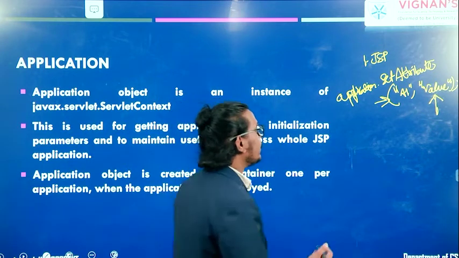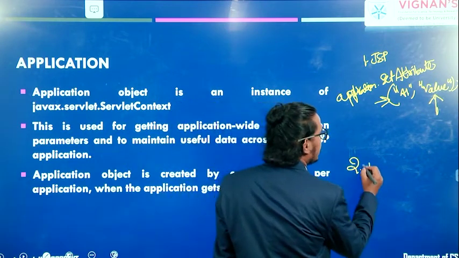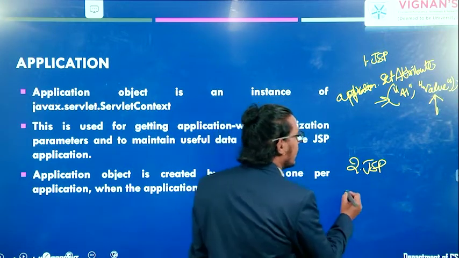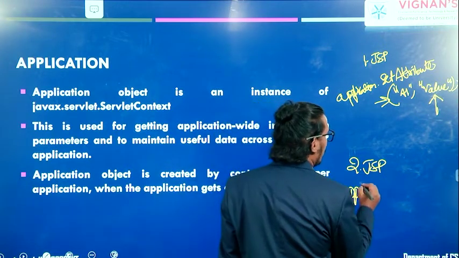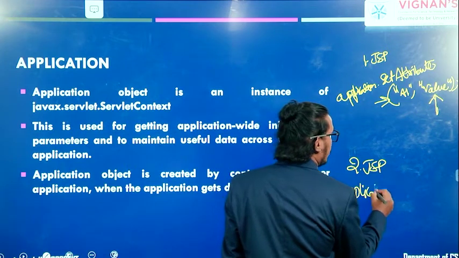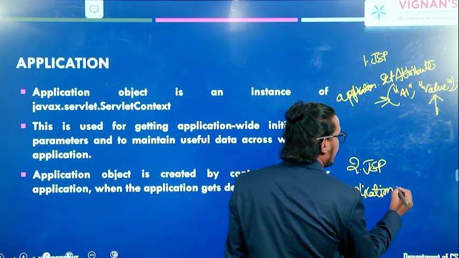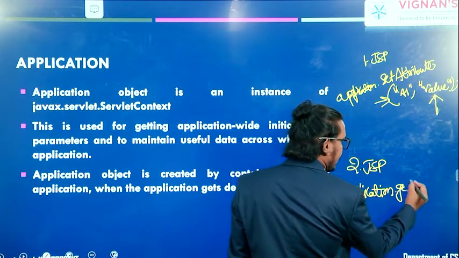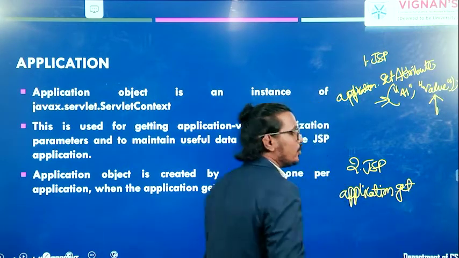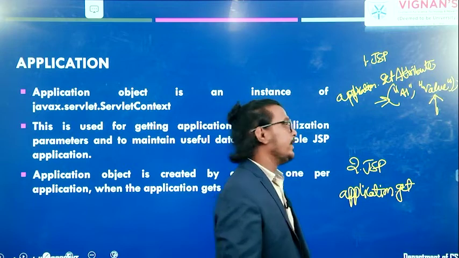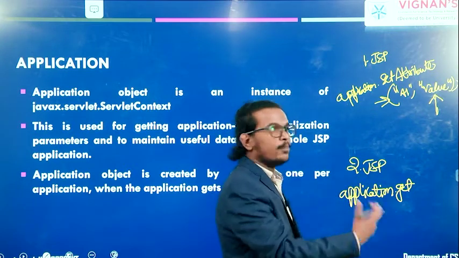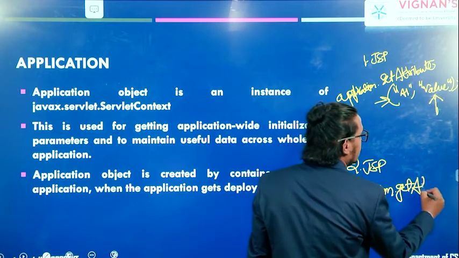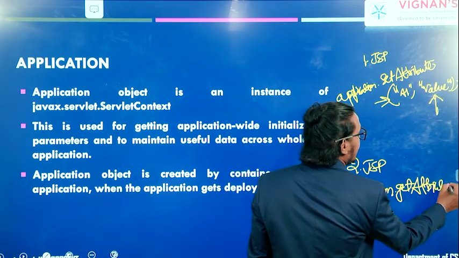Next we are opening another page, JSP2.jsp, and here we are accessing the value. How to access? Application dot, which method do we have to use for getting the data? For getting the data we have to use the get method, and after that the method name you are using, so here we use getAttribute.